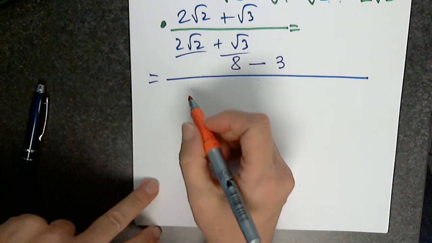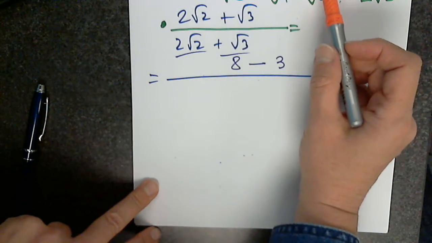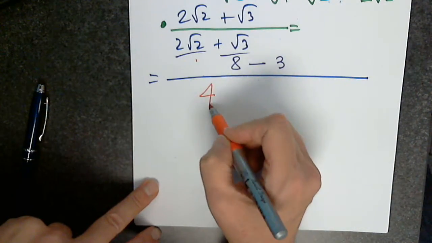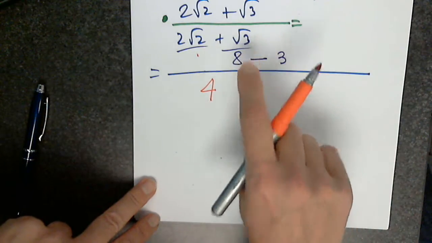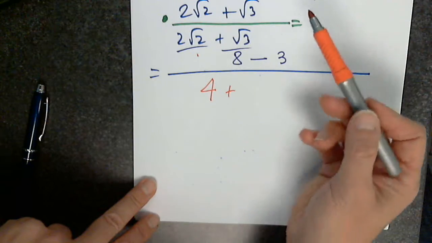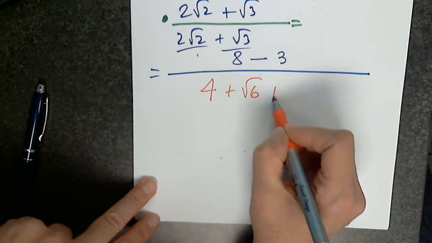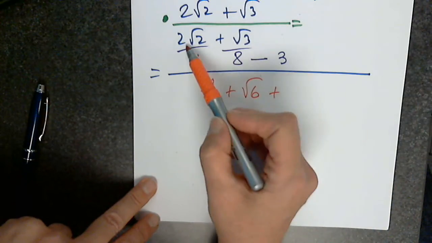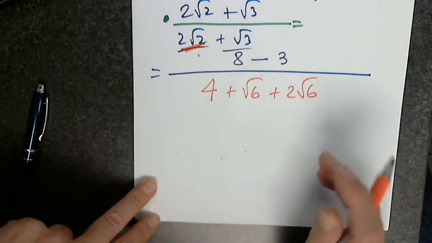Ready? Yes, because it's 2 times the square root of 2 times the square root of 2 is 4. I agree. So plus the square root of 6. Plus. Very good.